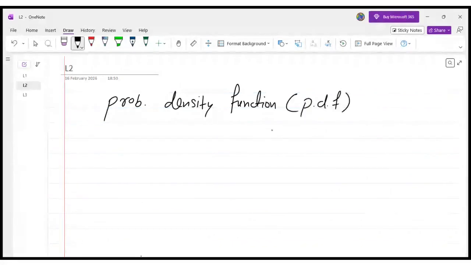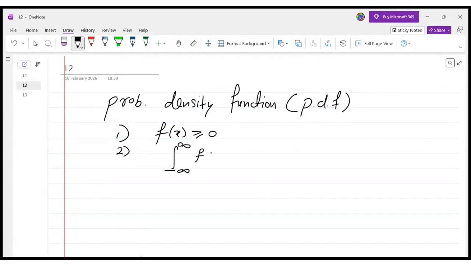Okay, so if a function f of x satisfies these three properties: property number one was f of x should be greater than or equal to 0. Second property was if we do the integral for all possible values from minus infinity to plus infinity, then the answer should be 1.